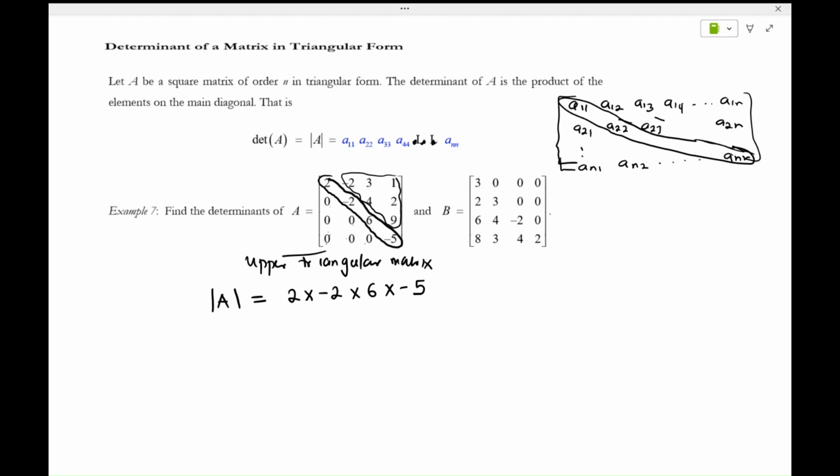That will give us the answer. Now, if we look at this one, this is the main diagonal, and all the entries above the main diagonal are zeros. So this one is lower triangular.